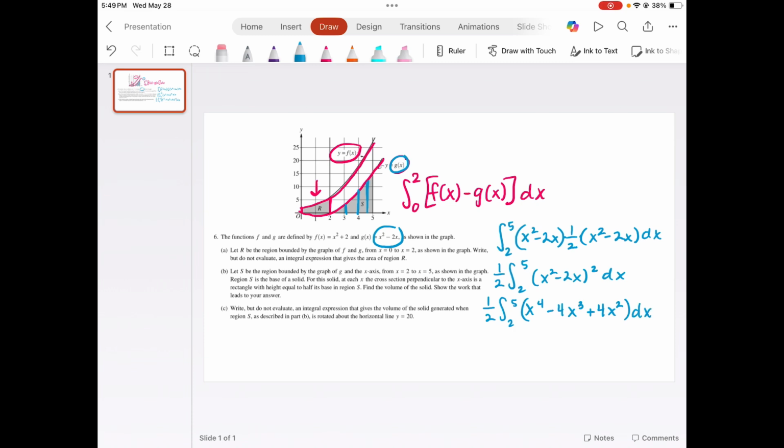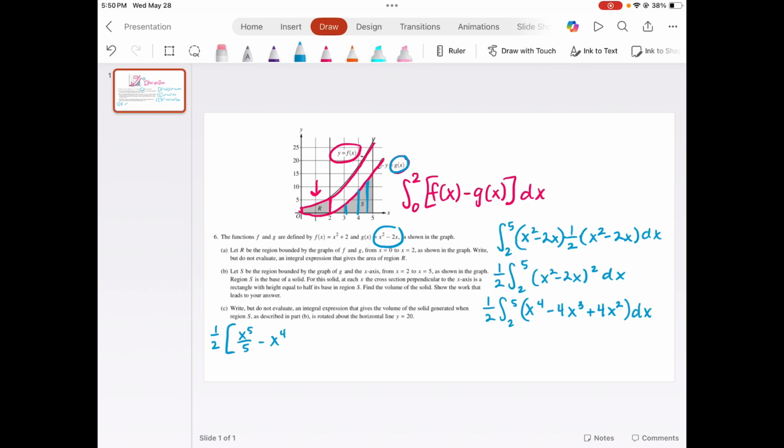So I'm going to end up taking up most of the space at the bottom to do this. So I'm going to have 1/2 still in front. And then I'm going to go ahead and integrate. So I'll have x to the 5th over 5 minus 4x to the 4th over 4, but that's going to just change into x to the 4th.